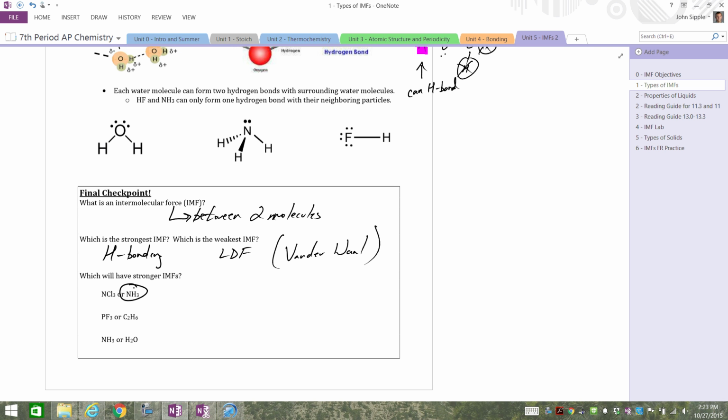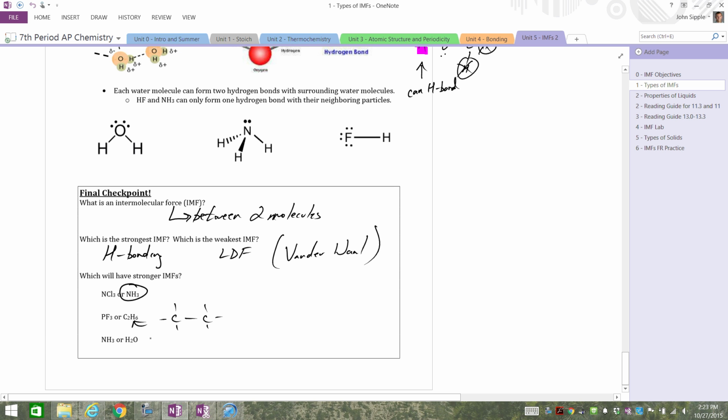Nitrogen trichloride is polar, so it has dipole-dipole, but that's not the strongest. PF3 or C2H6? C2H6 is linear and symmetrical, so it's non-polar.